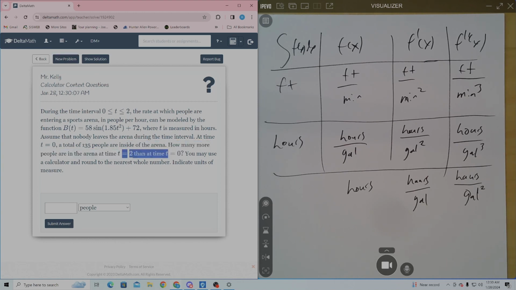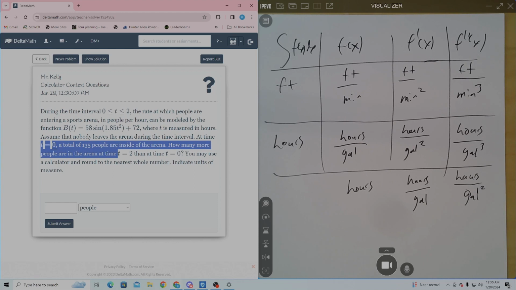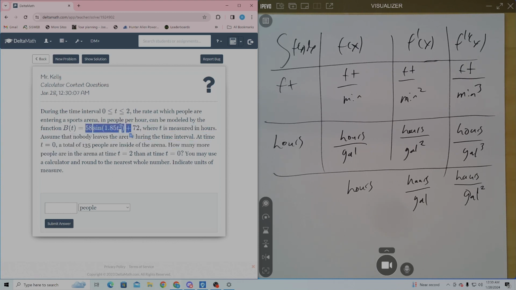I kind of like this one. This one is not asking you to find the amount at t. It's just how much more there is at t than at 0. So you find the number at 2, and then you would just subtract. So it's just a change. This is just the integral of this over 0 to 2.